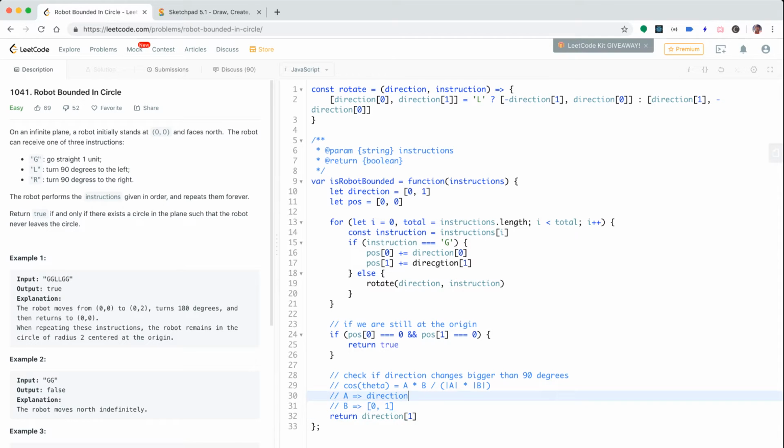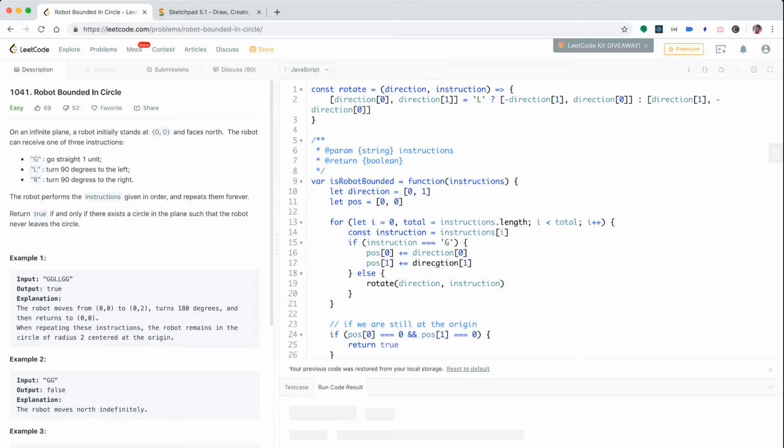Actually, the direction is 1, so... Wait a minute. Am I getting this right? Because this one is absolutely bigger than 0. So this should be 0.